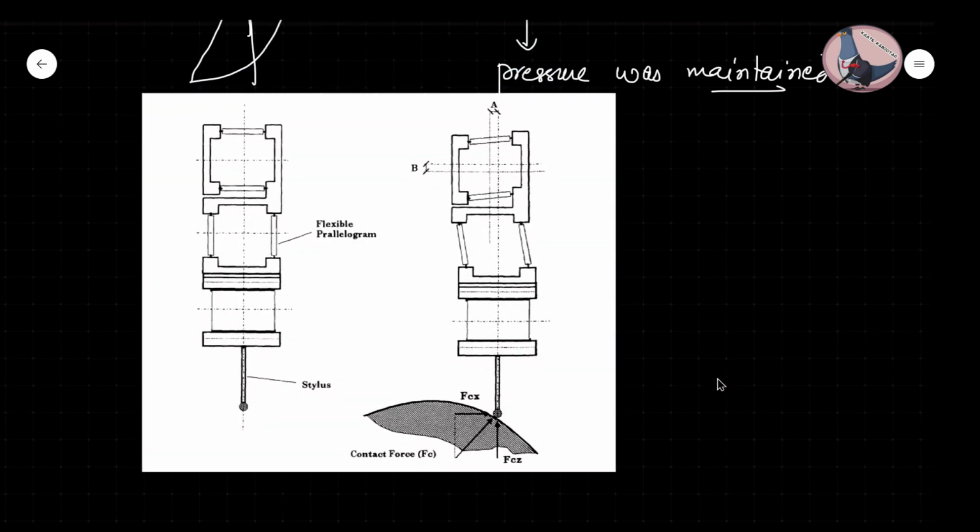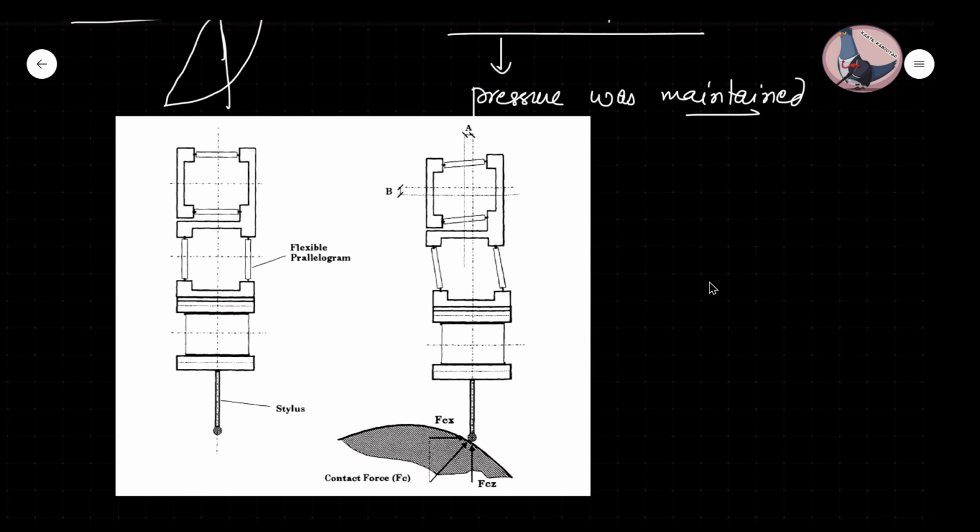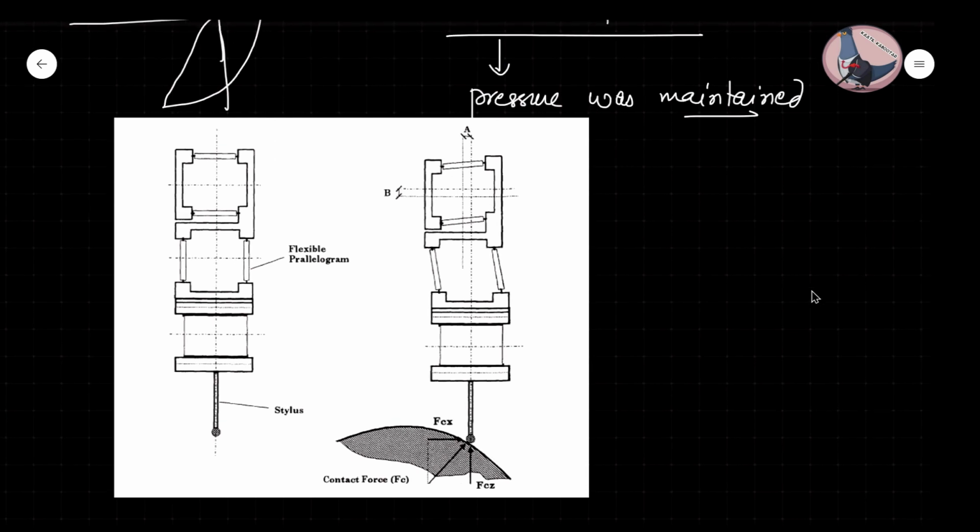Till now I have just told you that the pressure was maintained, especially in cases where the direction of measurement was changed. Now how is that done? This will be your probe stylus and probe head, and then we put one sort of flexible parallelogram. The flexible parallelogram acts like a spring. For your understanding, think of it as a spring.